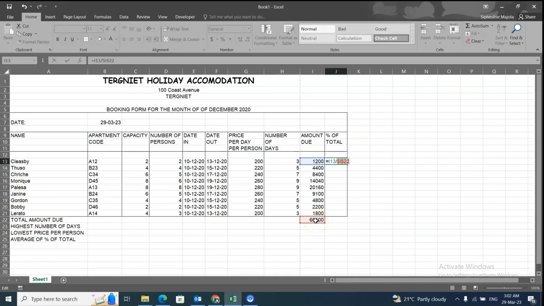So absolute cell referencing is just making sure that the calculation for the rest of the column would be based on this cell, and it would not move down to the rest of the cells. So this one will not move, but these will move. Okay, and then you press enter. I'm just hoping that I'm making sense to you guys. Let me fill down again.